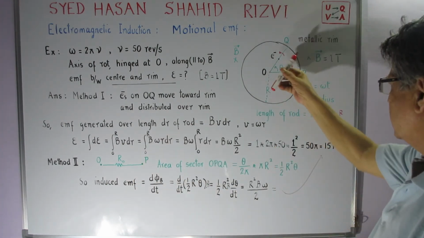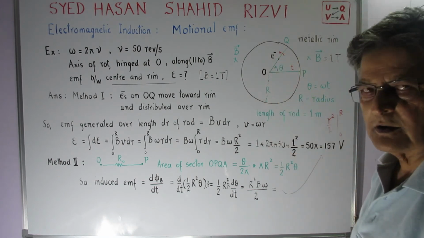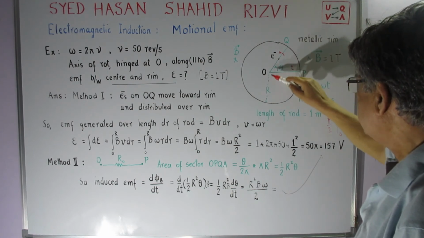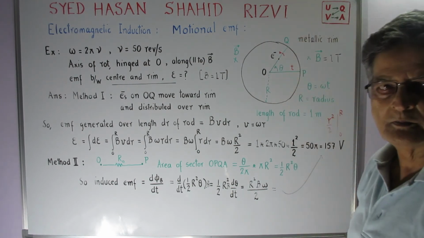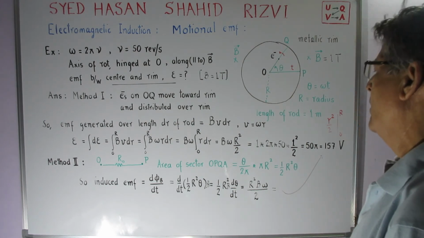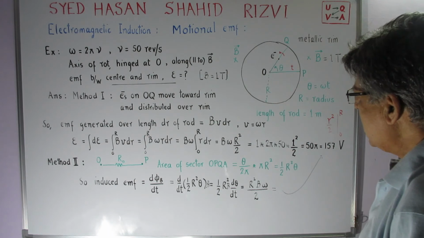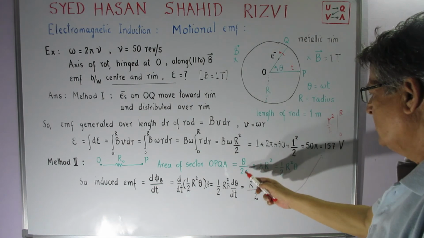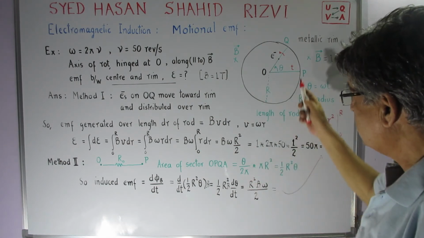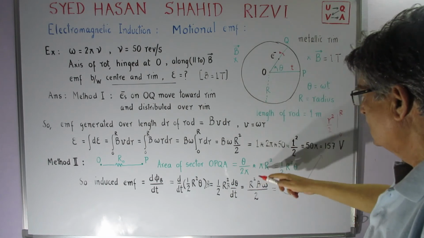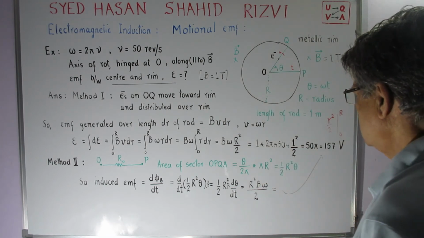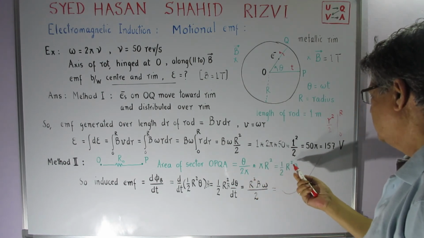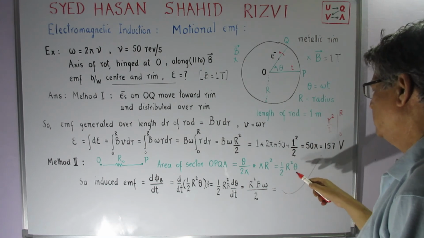Now this rod is moved from here to there, and there is an area between O, P, Q, O. The angle is theta, and theta expressed in radians gives theta upon 2 pi of the whole circle, whose area is pi r square. So this turns out to be equal to half r square theta.